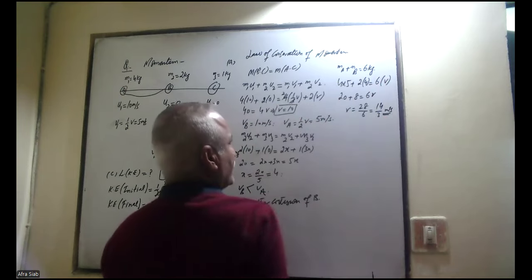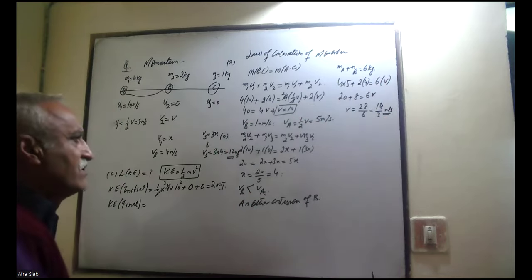So they coalesce when the speed of the particle together is 14 over 3.